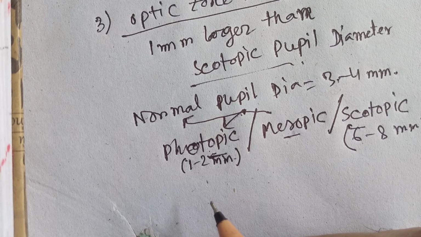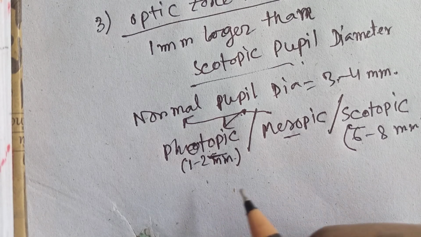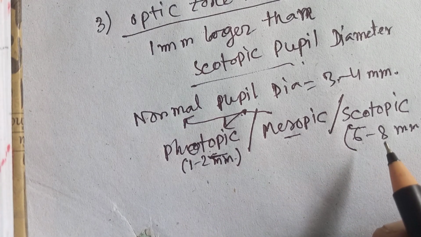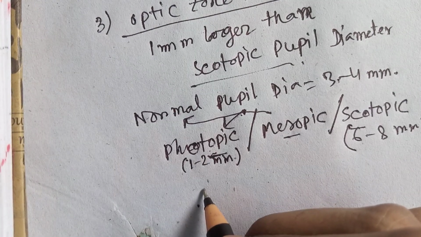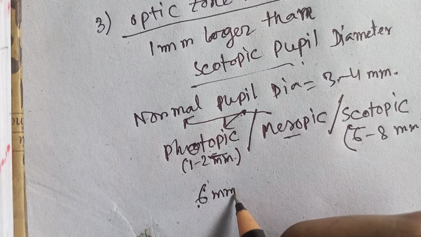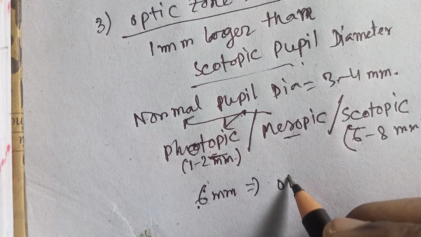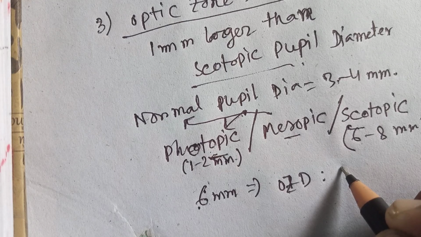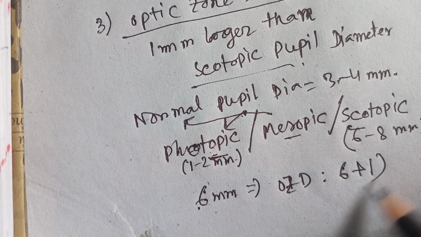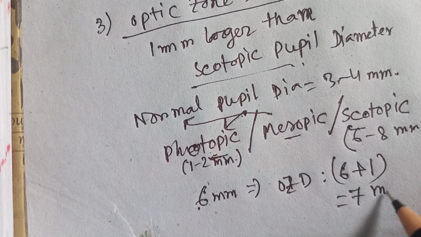We put on the light just as our reference to measure the scotopic pupillary diameter. For example, suppose for a patient the scotopic pupil diameter is 6 millimeters. Then the optic zone diameter of the contact lens for that patient is 6 plus 1, which equals 7 millimeter.